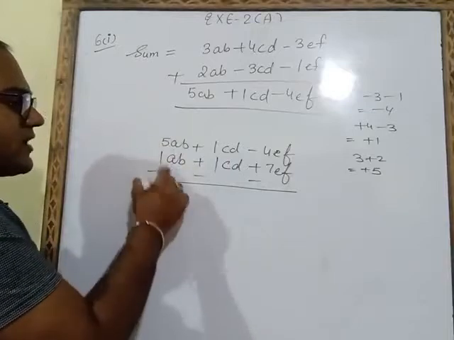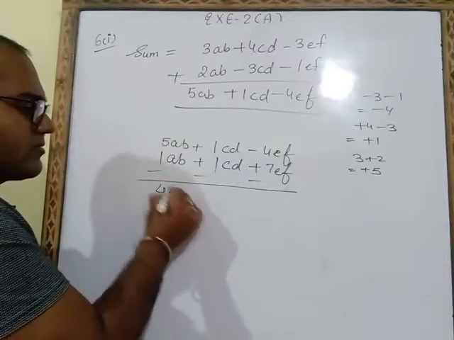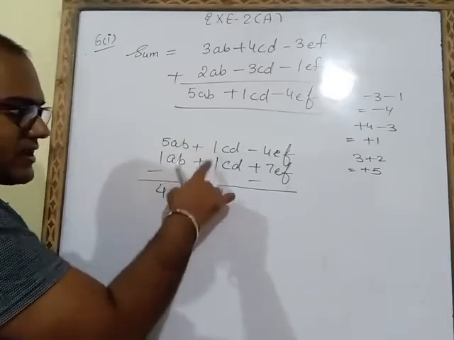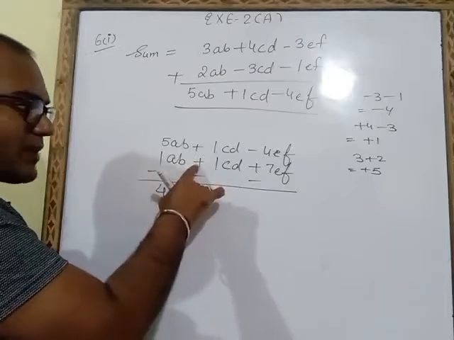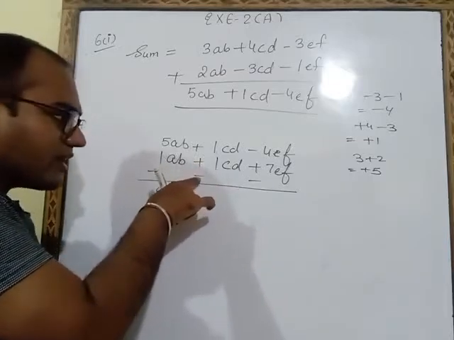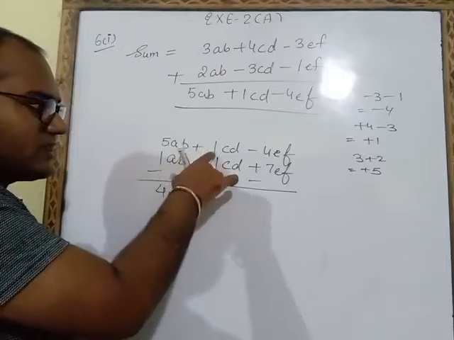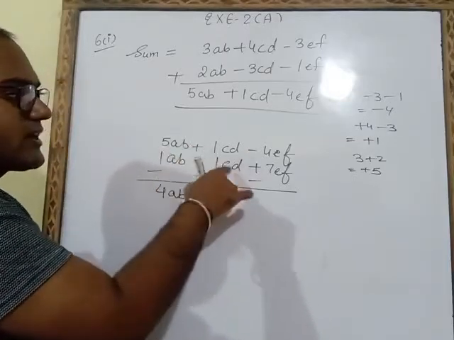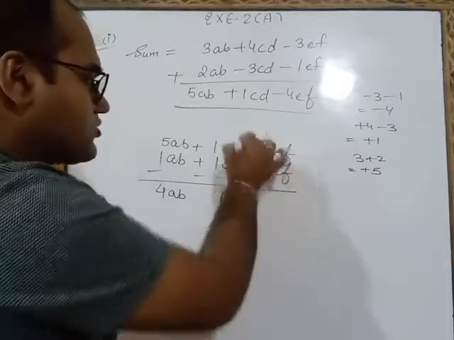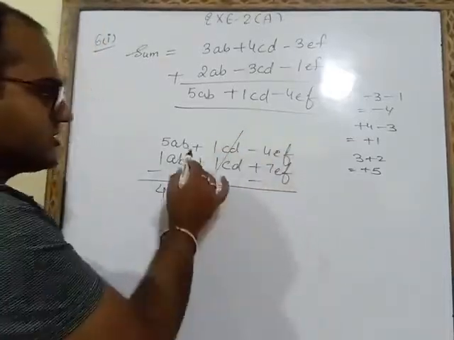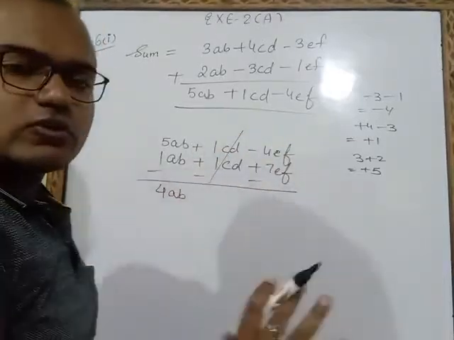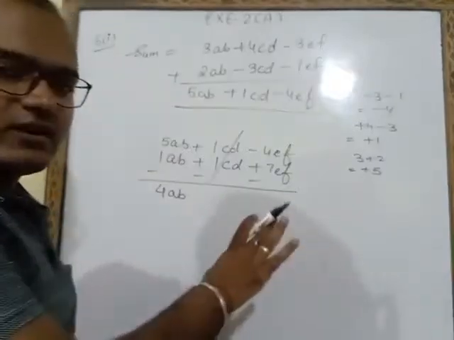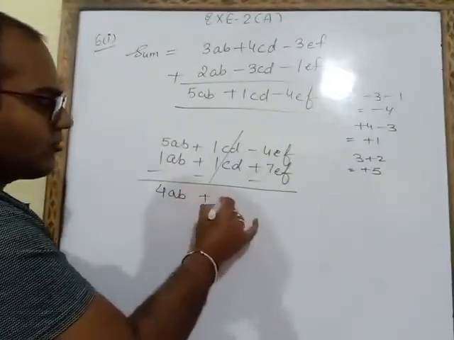5 minus 1 will be 4AB. This is plus 1 and this is plus 1, but we will not see plus 1, we will take this sign minus 1. This is plus 1 and this one is of minus sign, so both are same but signs are opposite, so we will cancel these two. Both one will be cancelled, and here we will get 0.